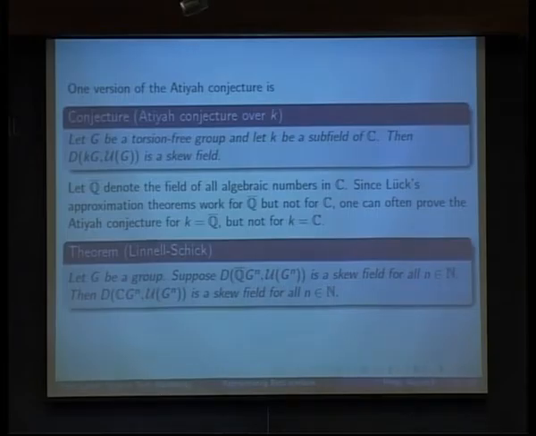In other words, the division closure of Q bar G in U of G is a skew field, the division closure of Q bar G cross G in U of G cross G is a skew field, and so on. Then the division closure of CG to the n in U of G to the n is a skew field for all n in N. So I've managed to replace Q bar, managed to get up to the complex numbers.